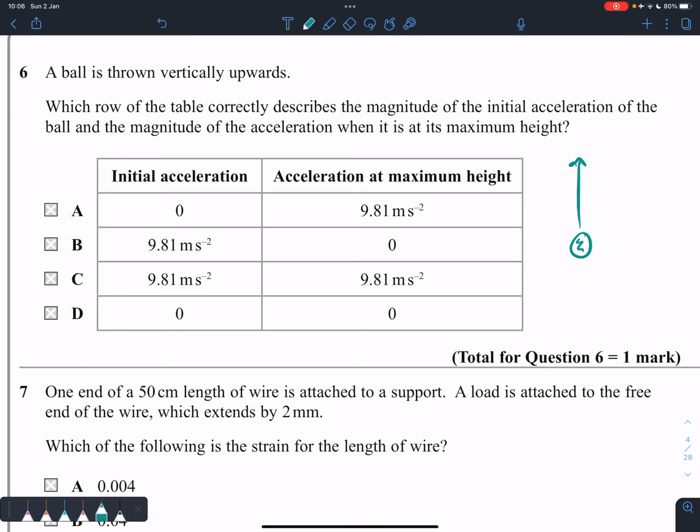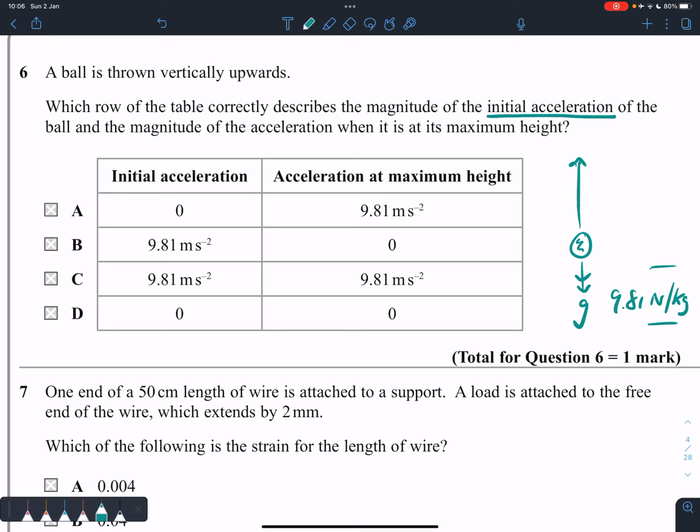They are not allowing you to ignore air resistance, but that doesn't matter because they're just asking for the initial acceleration of the ball. When you throw it up, the acceleration is just equal to g, which is down 9.81 newtons per kilogram, meters per second squared.